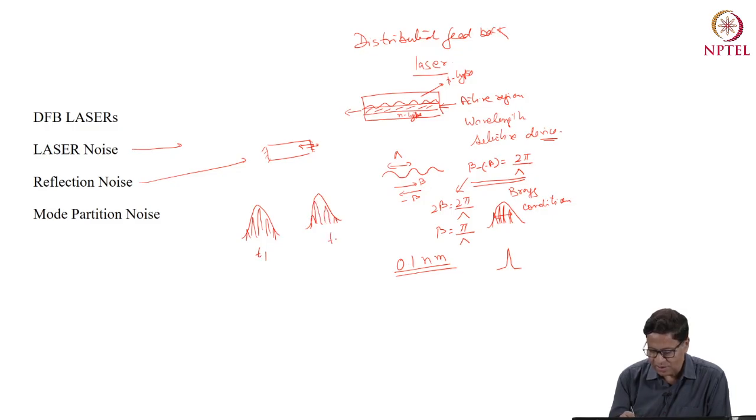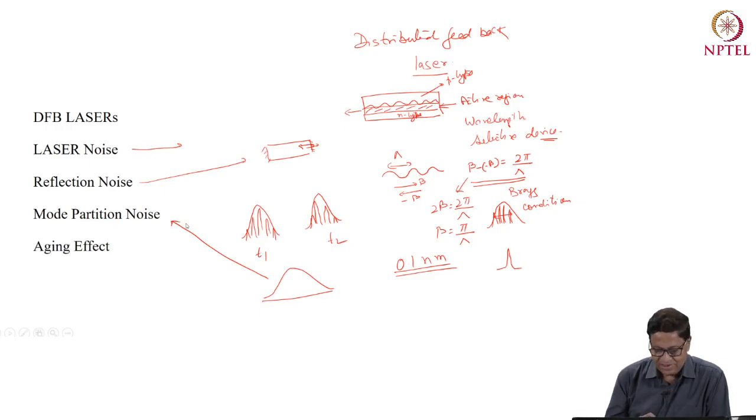This is at t2. But if you take the average at different times, you get almost a steady power as far as the envelope is concerned. But within the device, the power is continuously changing for all these modes. Because of this, some sort of noise is generated in the laser diode, which is called mode partition noise.